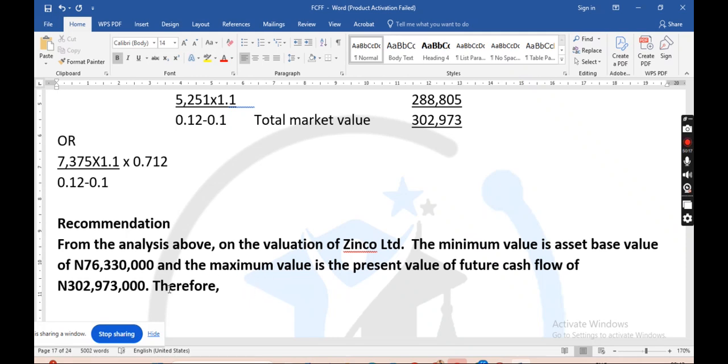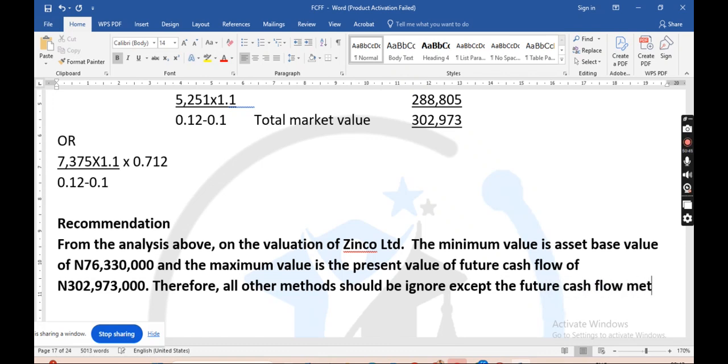Okay, therefore, all other methods should be ignored except the future cash flow method.